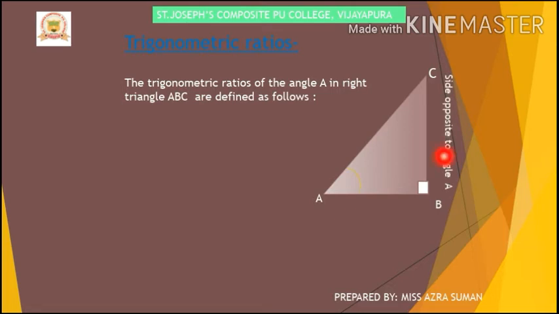The side which is opposite to the angle A is BC, which is called the side opposite to angle A. The side which is opposite to the 90 degree angle, AC, is called the hypotenuse, and the remaining side is called the side adjacent to angle A.